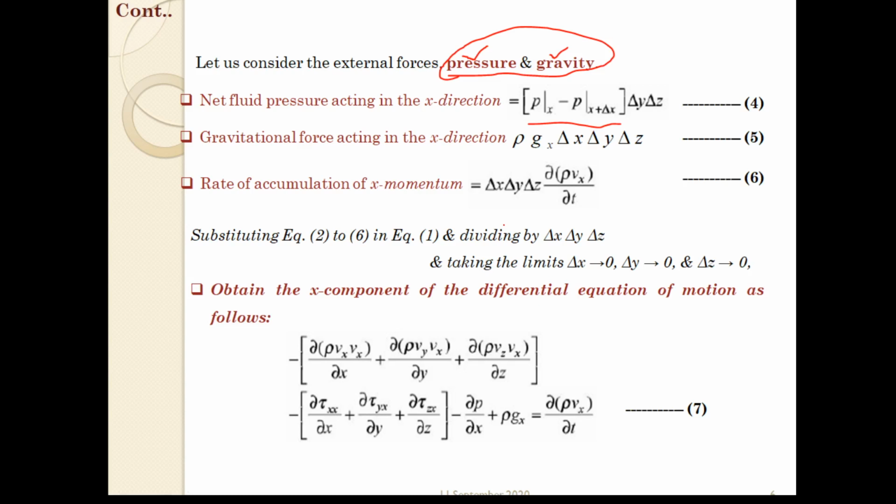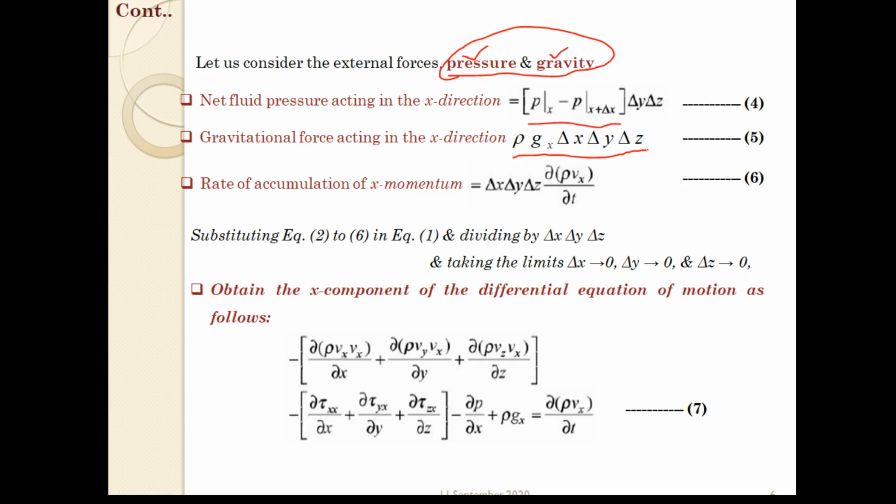So now we have identified the pressure force. The only thing remaining is the body force acting on it. What is the body force here? The gravity force. The gravitational force acting in the x direction is rho gx del x del y del z.